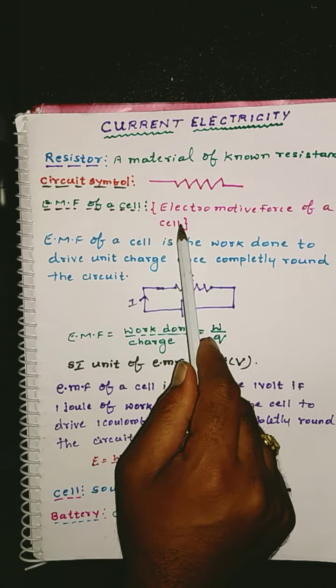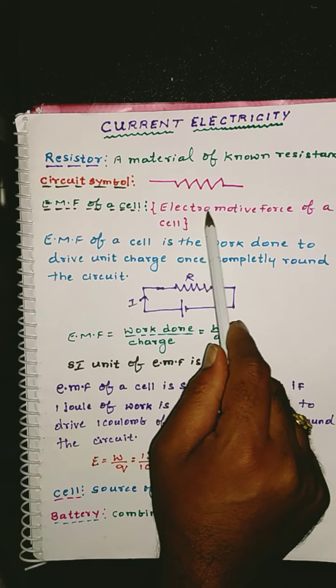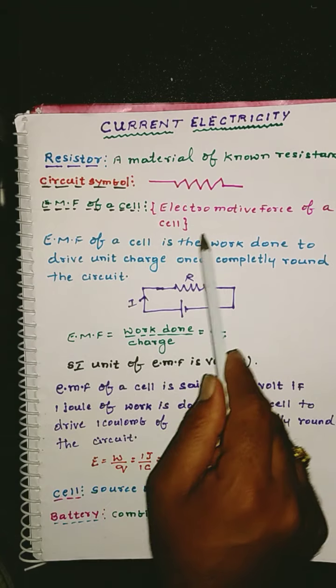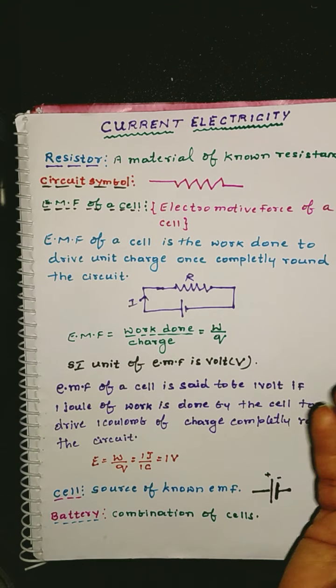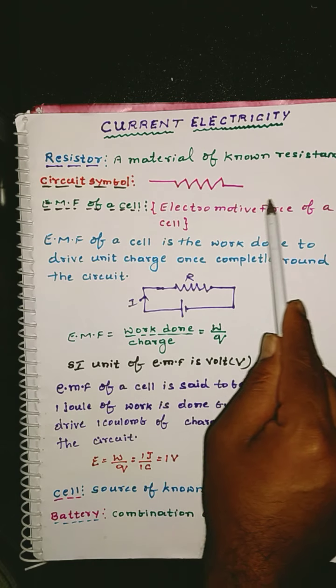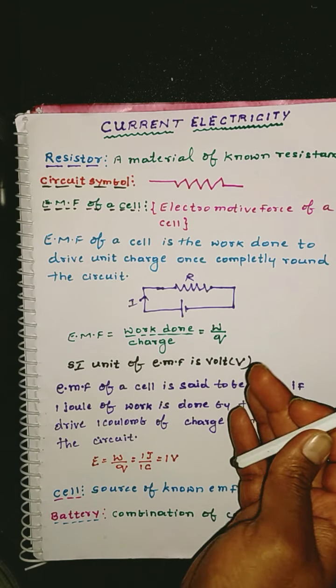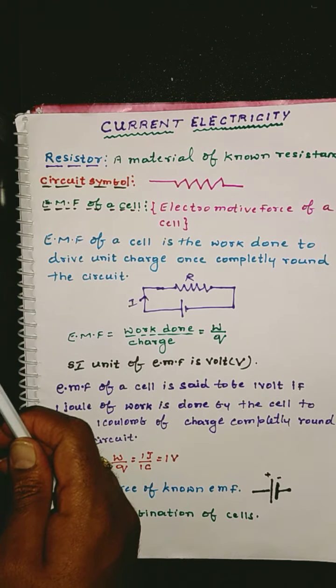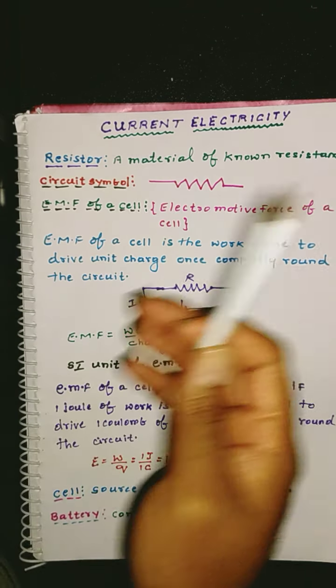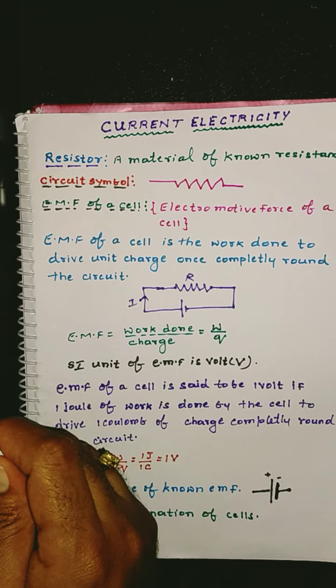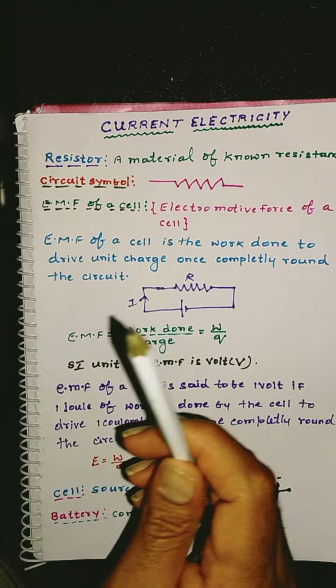As the name itself tells you, look here, electromotive force. This cell always motivates charges to flow through a circuit. Why do the charges flow through a circuit? Charges basically move from one point to another point whenever there exists a potential difference.